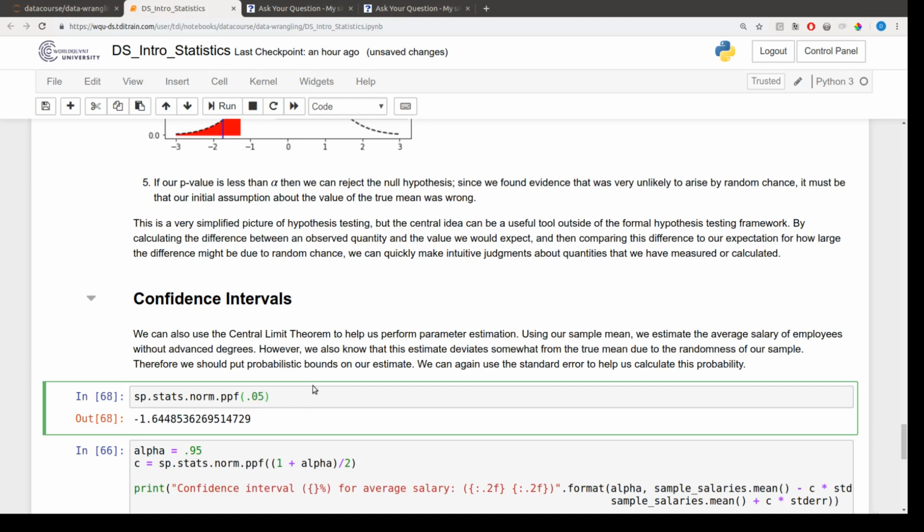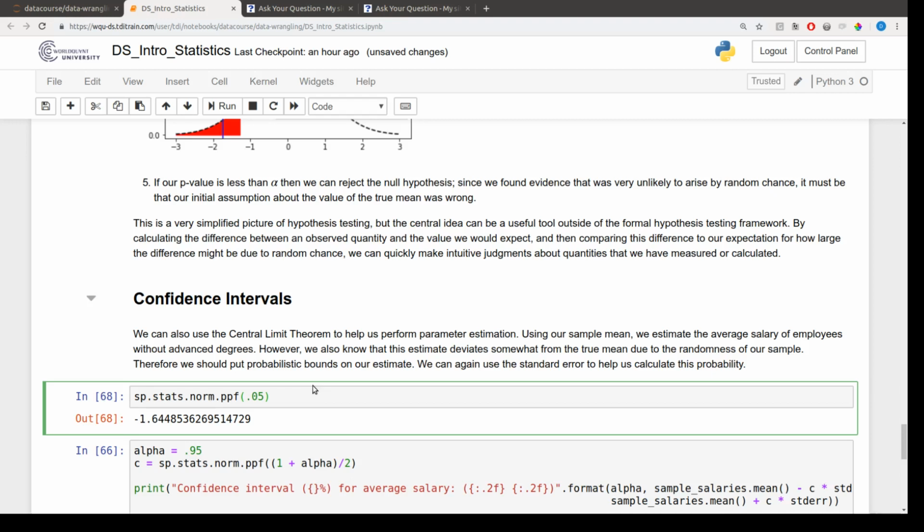So I can ask where, for instance, 97.5% of the probability would lie. And that would be over at 1.95. And in fact, if we look at the value of C, it's exactly the same.